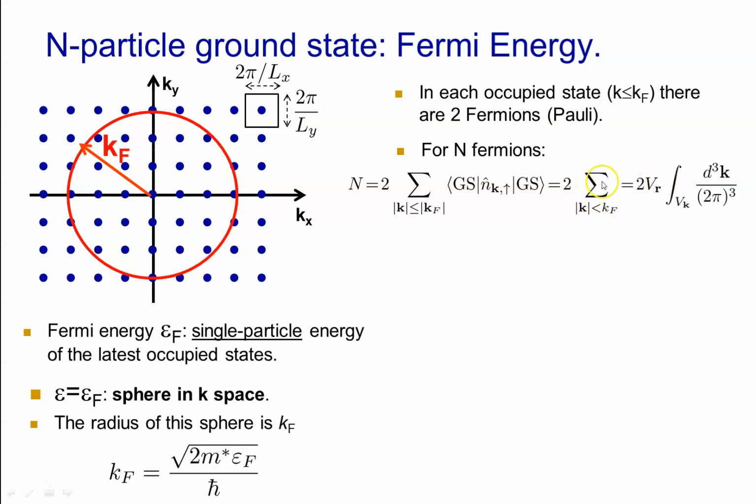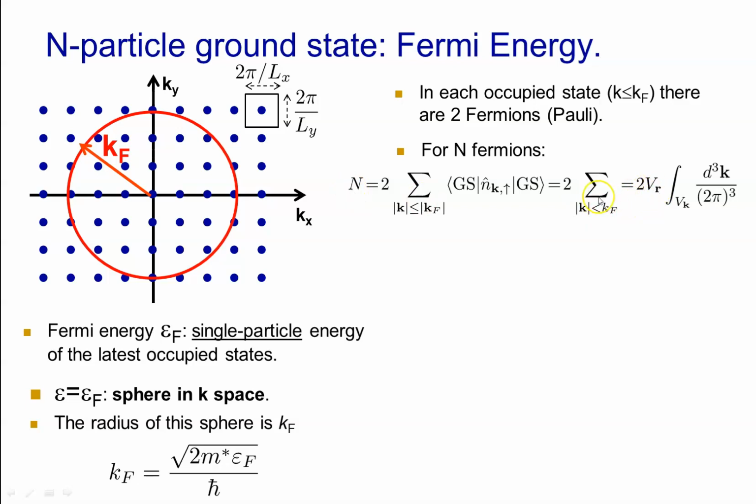We can now transform this into an integral. If I'm talking about a very large volume, meaning that 2 pi over L is very small, so the distance between these points is small, I can take the continuum limit. Then this integral should give me n.